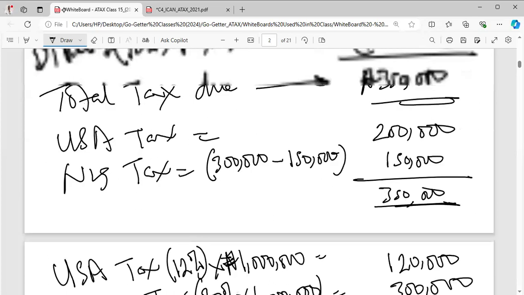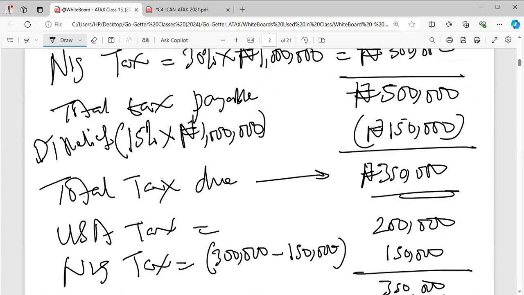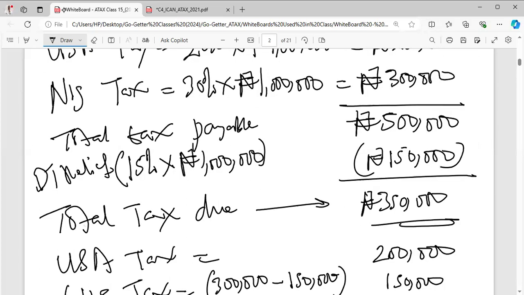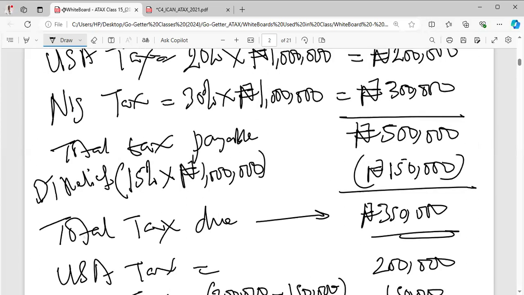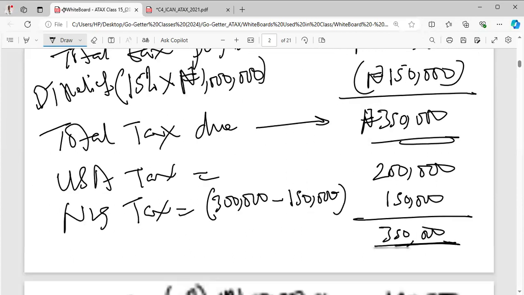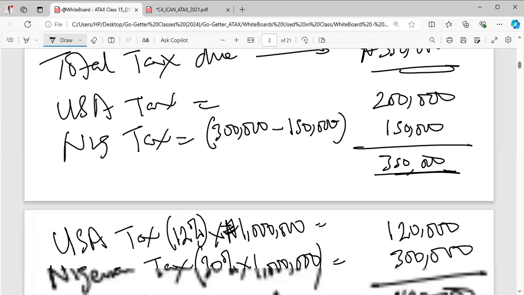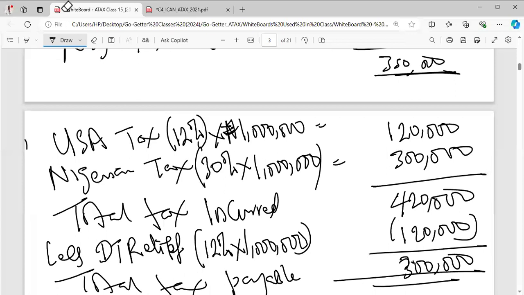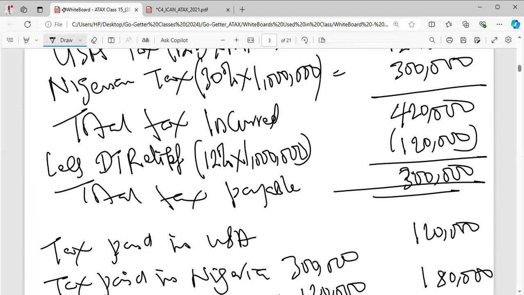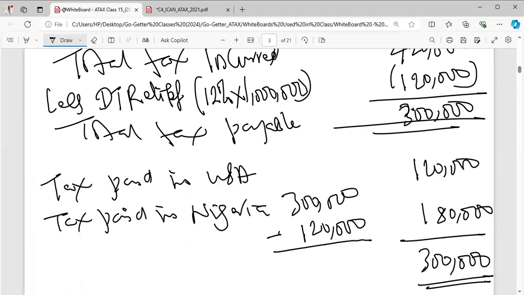In all cases, you see here that the smaller of the tax rate is being used. So that's what we are saying here. If the rate of tax for CWRO is smaller than half of Nigerian tax, then the double taxation agreement will be used at CWRO.